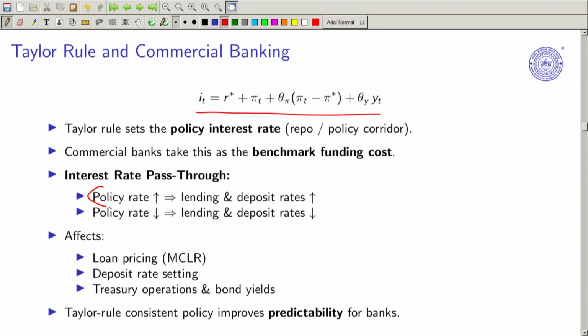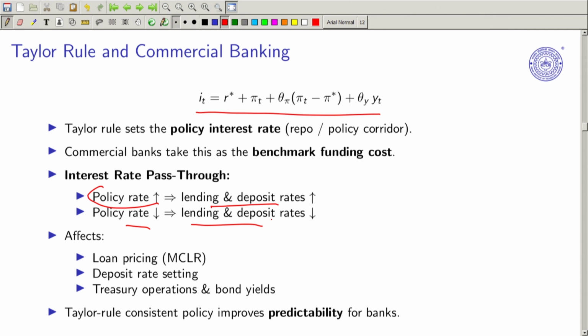what we mostly focus on is how, with a change in the policy rate, we know that whenever we see an increase in the repo rate, which is the policy rate here, it has a pass through effect on lending and deposit rates. Then when we see a policy rate decline, we see lending and deposit rates coming down. And what is the effect?